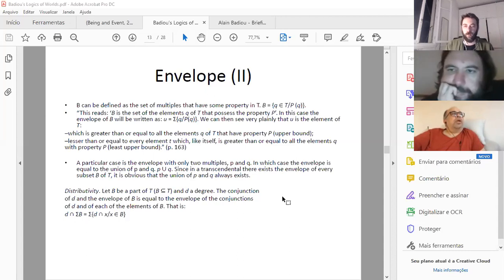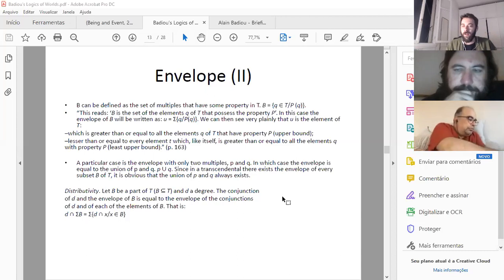Actually, come to think of it, I come back to my original point that envelope is, in this case, not quite similar to union, because union is a set, but envelope is a degree. That's the difference. Here also sets and operations are in a certain sense equivalent.